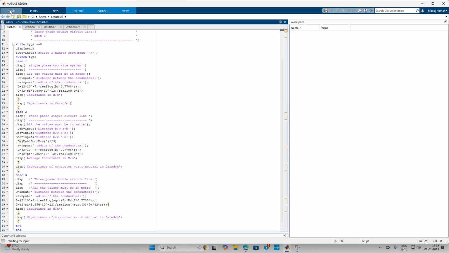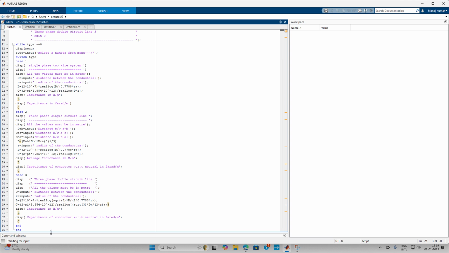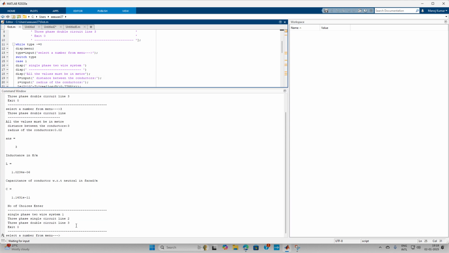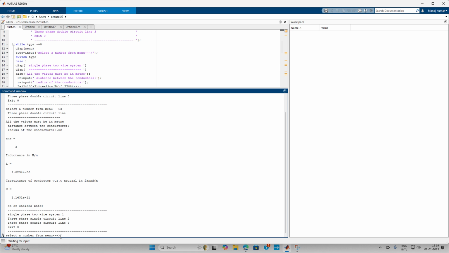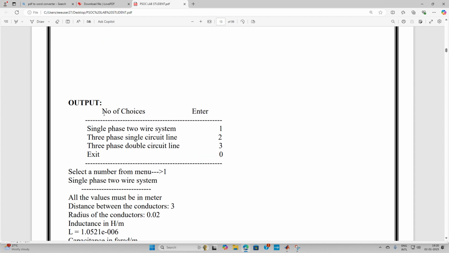The saved program, we go again to the editor and run the program. When we run the program, we get this type of output. First, select a menu. In the output, the prompt shows the number of choices entered, and asks to select a number from the menu.